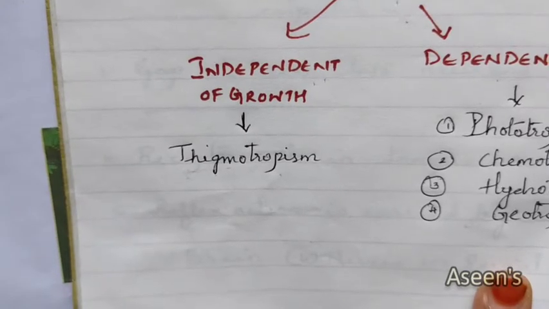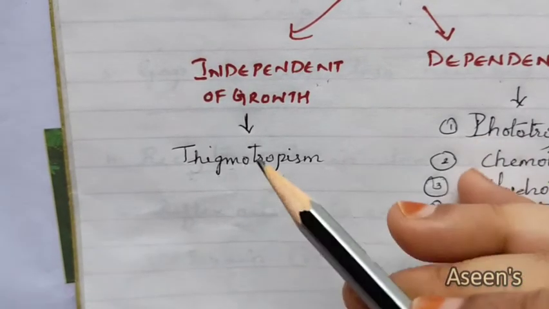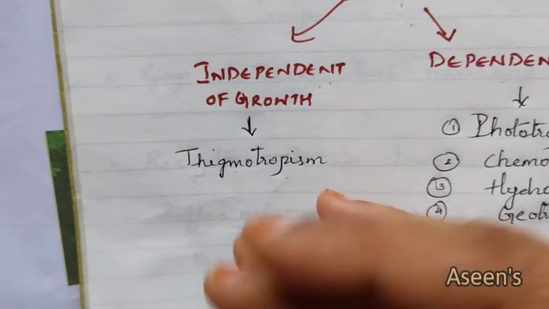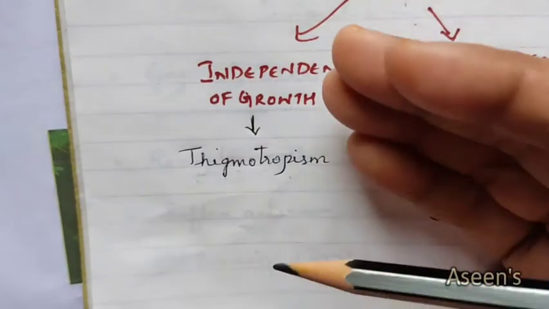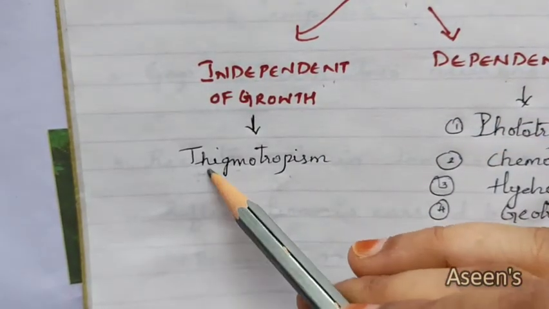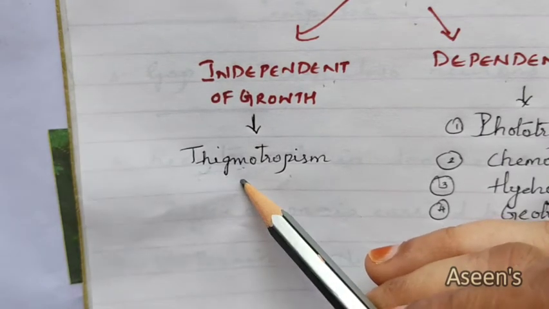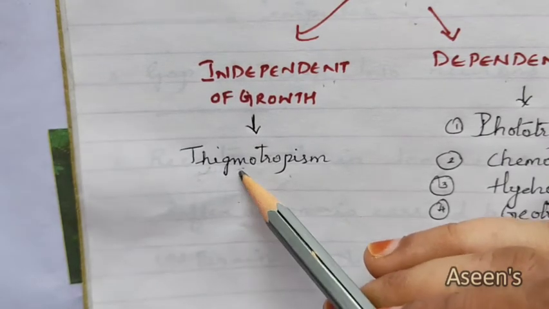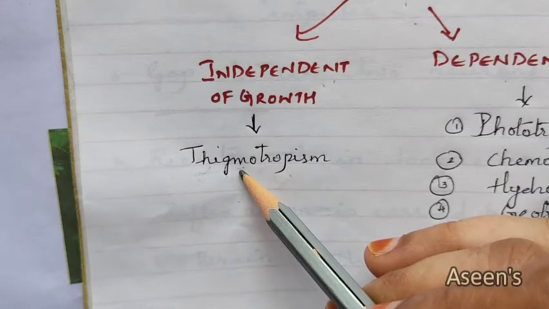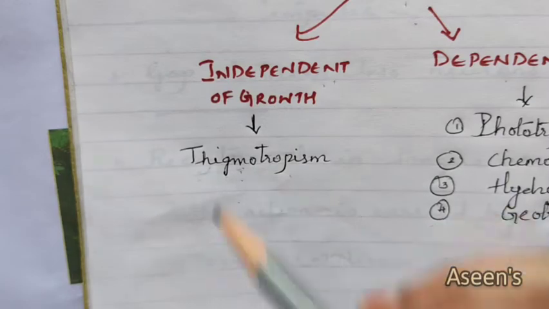Now let's try and understand what is Chemotropism, which falls under the category of independent of growth. Chemo refers to touch. So here we are talking about response to touch. Certain plants respond to touch. We are going to talk about them and how it is carried out.